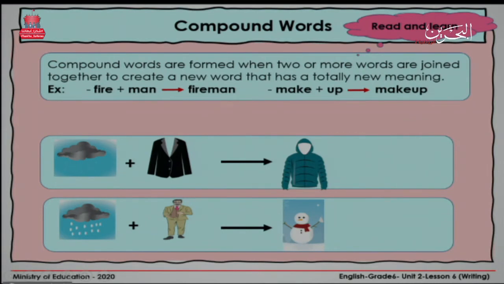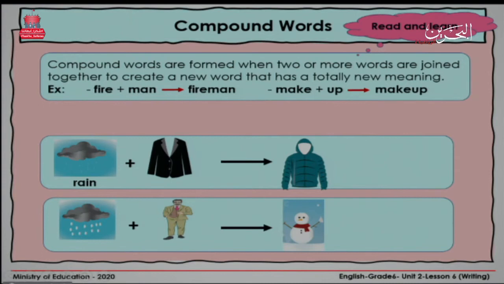Another example, which is make, is a verb, plus up is a preposition. When we combine these 2 words, we come up with a totally different word, which is makeup. Makeup. Lipstick is part of makeup, right? Now, let's take some more examples.